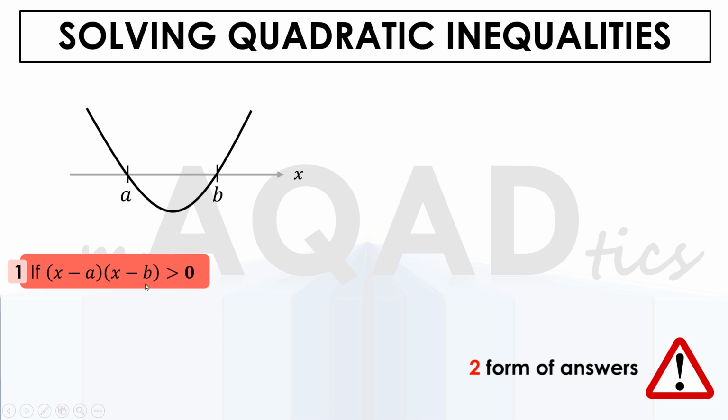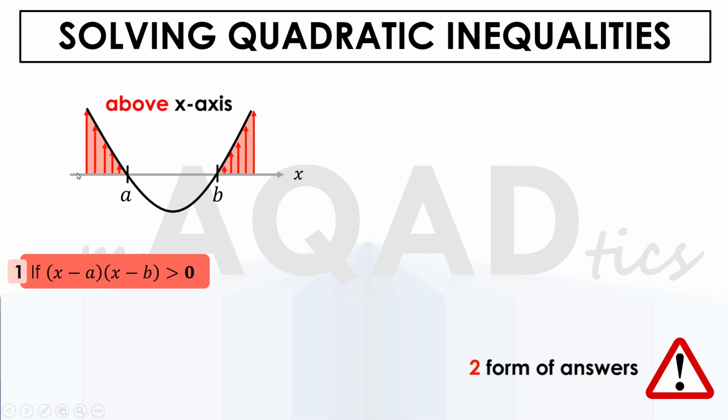More than 0 means we are going to look at the parts where the curve is above the x-axis, which means it's these two. You can see that the curve is above the x-axis. So we just focus on the values within the two range.